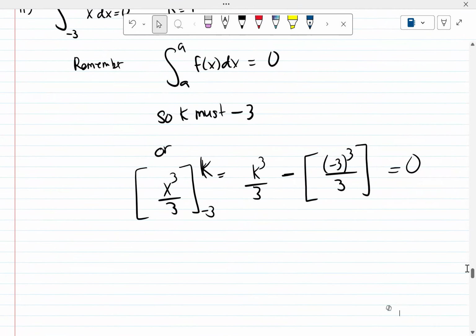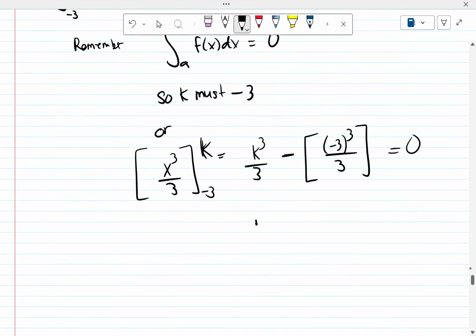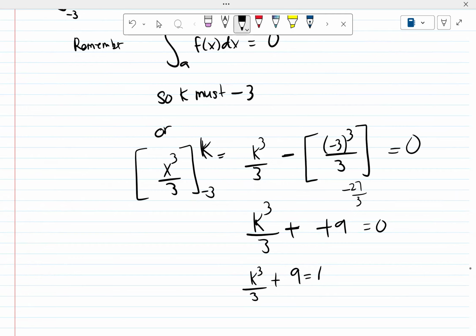So it's k cubed over 3 minus -3 to the third, which is -27 over 3, which is -9. So it's minus -9 equals 0. And we know that two negatives become a positive. So it's k cubed over 3 plus 9 is 0.